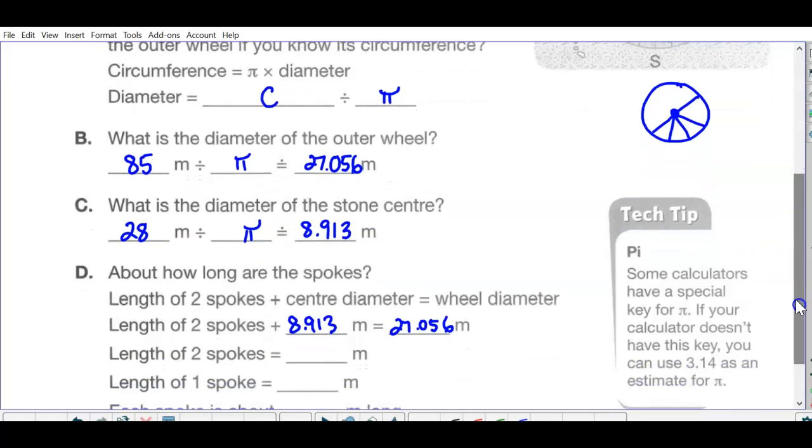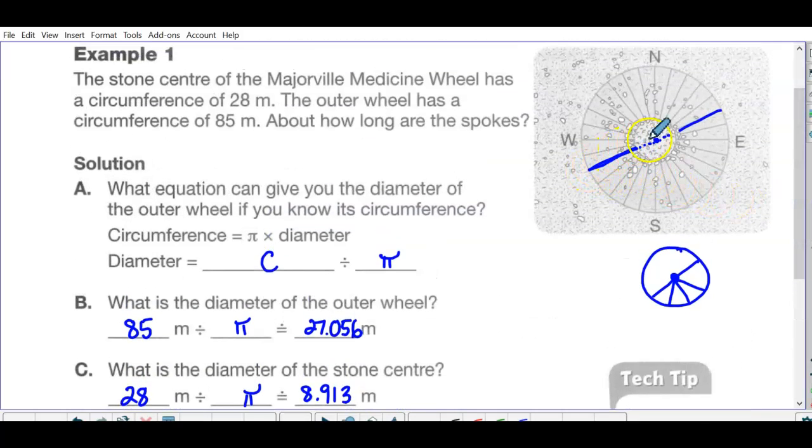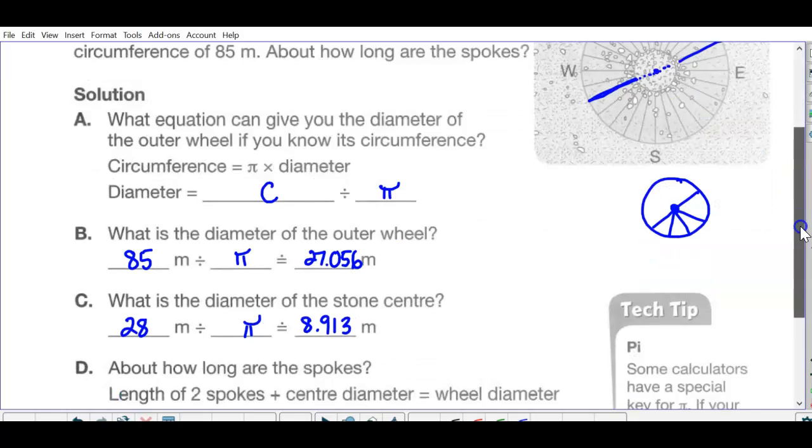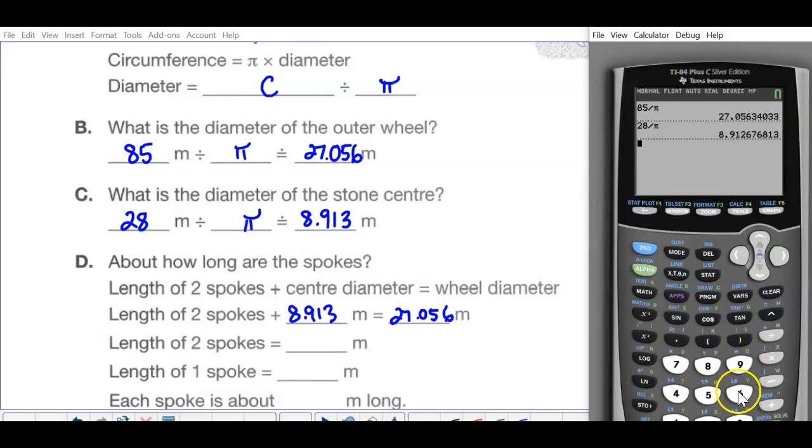So to get the length of 2 spokes, we subtract. Really what we're doing is subtracting the whole diameter by the inside diameter. As I mentioned before, you can talk about the radius and do it that way. So there are different ways. If you subtract that, you'll get the answer.